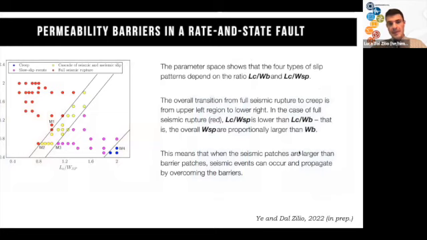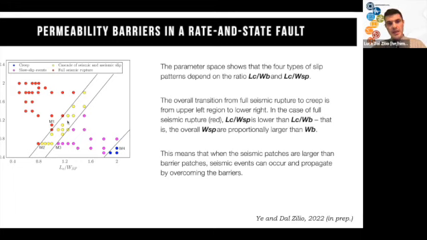We try to study this problem more in detail, exploring the parameter space by changing the width of these seismic patches compared to the barriers where the permeability is very low. And we try to keep constant the so-called nucleation size, which is here in this symbol L sub C. So in this case, you can see that when the seismic patches become larger and larger, we end up in this domain where we can have a full seismic rupture.